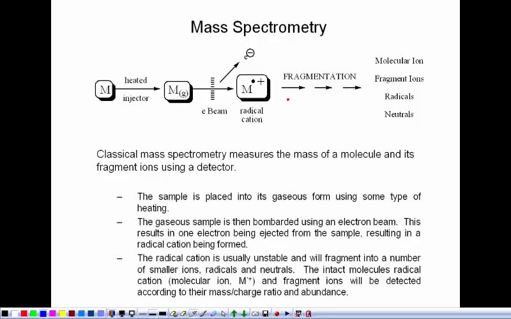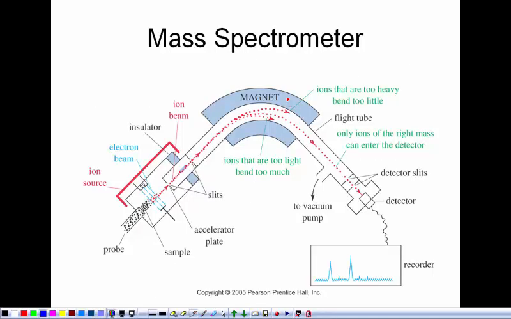So in terms of what a mass spectrometer looks like, and this is an older version because there's different types now, we take the sample and we heat it into the gas phase. And then this whole system is under vacuum, because if you're going to have gas phase molecules, you can't have them colliding with oxygen or nitrogen or carbon dioxide, and so the system has to be under a very high vacuum to keep the molecules collision free.